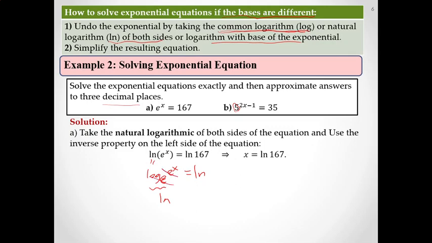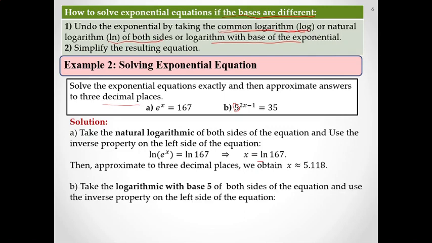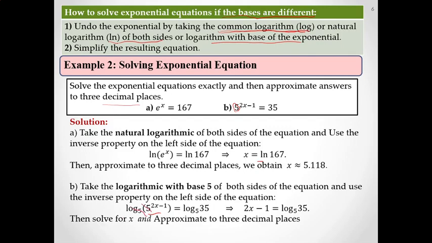So x is equal to ln 167. Now, if you use a calculator, you can get this approximation. And now take the logarithm with base 5 of both sides, and then this 5 and 5 cancel out. We have this one. And then solve for x.